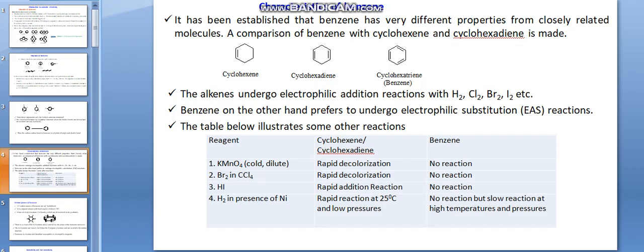If you use hydrogen bromide or hydrogen iodide, rapid addition reactions happen in cyclohexene, but in benzene there is no reaction. If we use hydrogen in the presence of nickel, there is a rapid reaction at 25 degrees Celsius and low pressure in cyclohexene, but in benzene there is only a slow reaction at high temperatures and pressures.